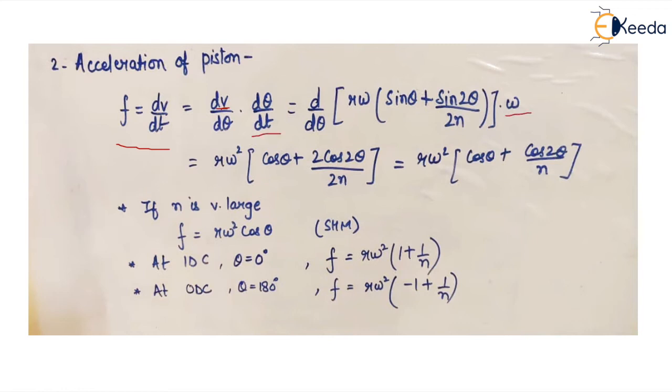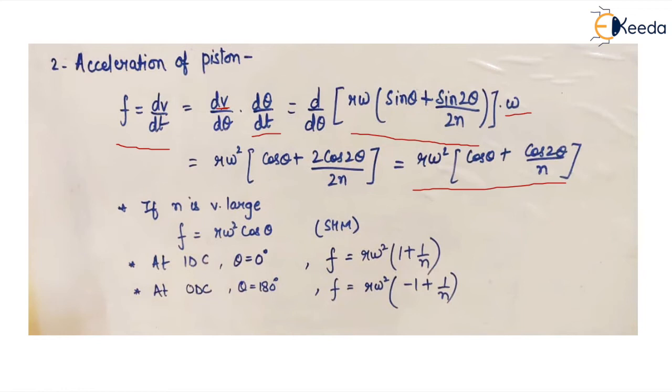It is omega, right? So now we differentiate this equation with respect to theta, it becomes r omega square. These are the constant terms, we'll take them out. Sin theta gives cos theta, sin 2 theta gives cos 2 theta, and differentiation of 2 theta gives 2 upon 2n. So this is the value of acceleration for piston.